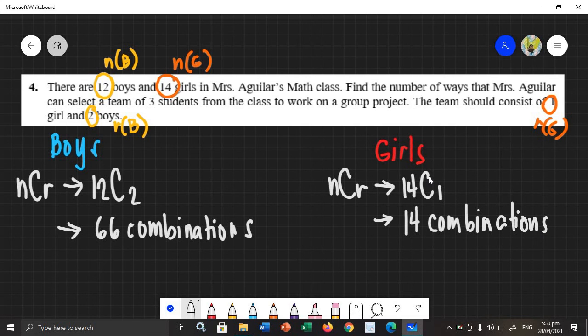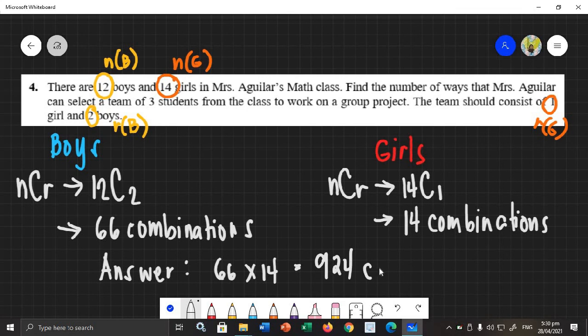Now that we get the number of combinations separately, we need to multiply them for us to get the answer. So, multiply natin 66 times 14, and that will result to 924 combinations.